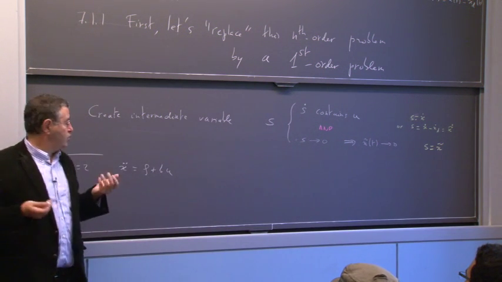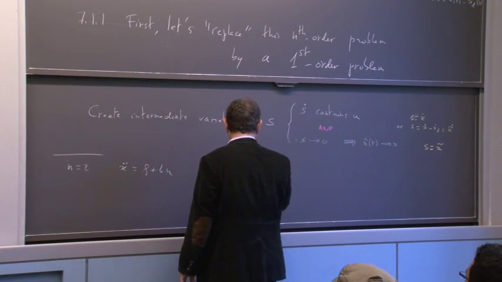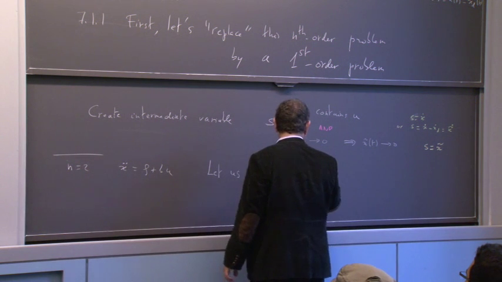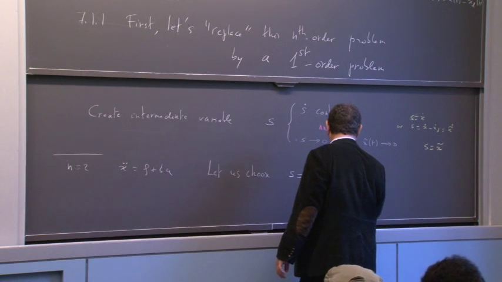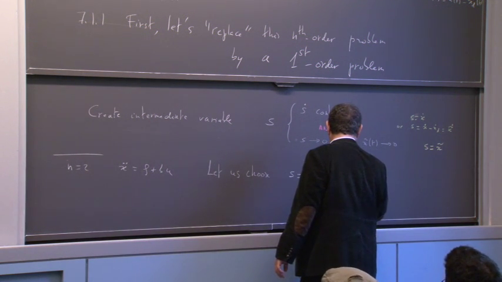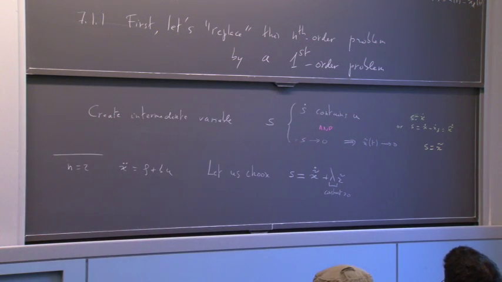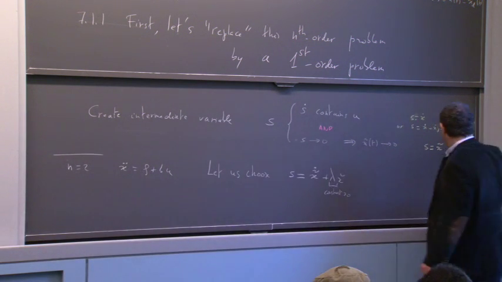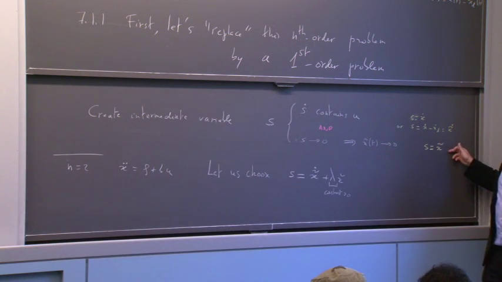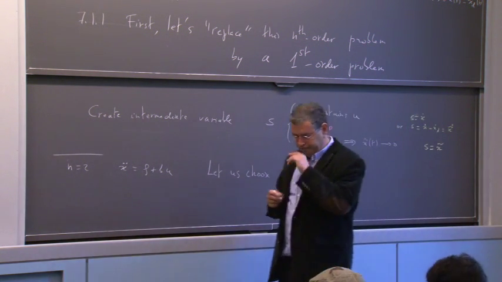What we can do is some kind of a mixture of the two. So let us choose s equal x tilde dot plus x tilde with some scaling factor lambda. So in other words, we're just adding these two guesses and seeing what happens.